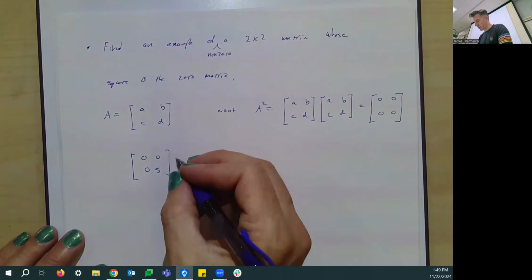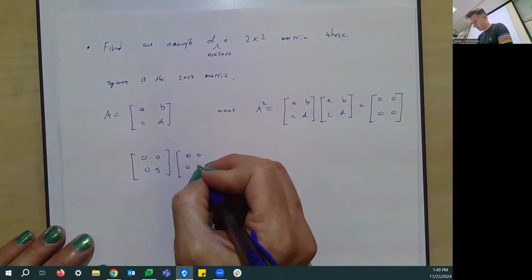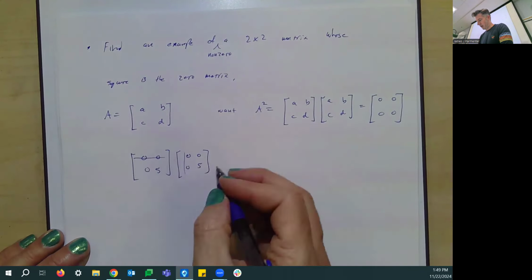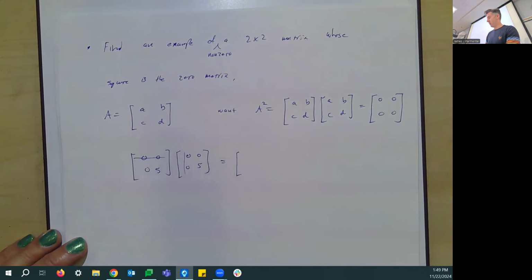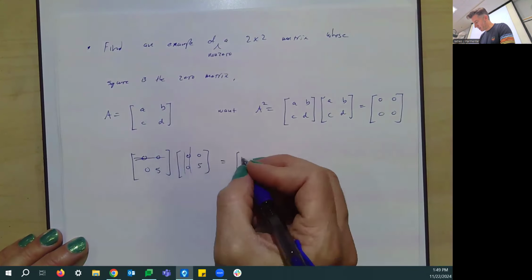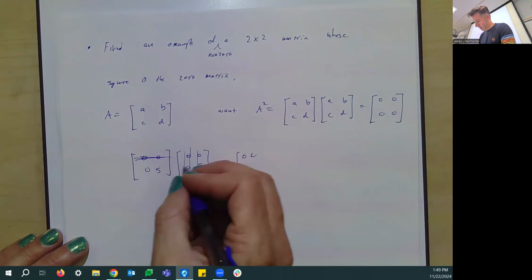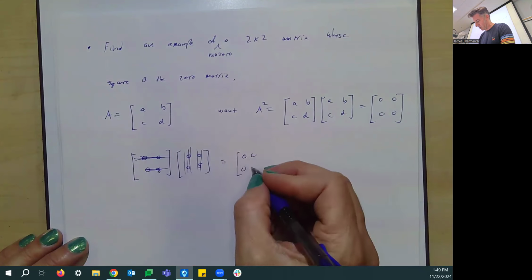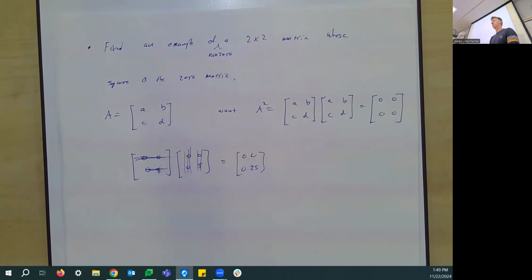If you square that, I don't think it's going to work, because you're going to get that dotted with that, that dotted with that, but then this one dotted with that one, you have a 5 hitting a 5, and so you don't get 0 there. Boo.